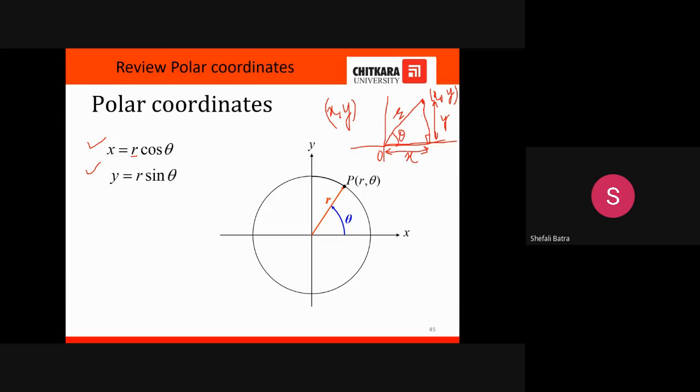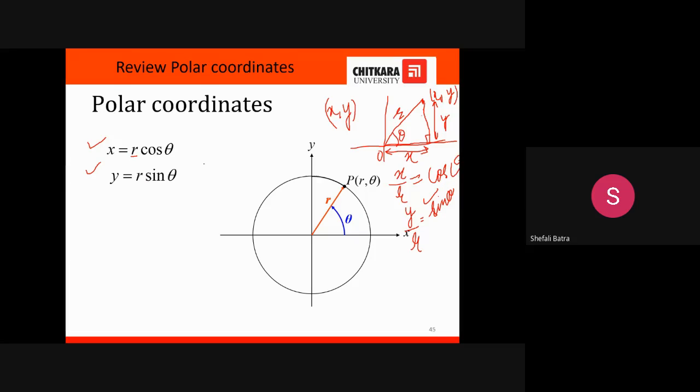So we can write x upon r, base upon hypotenuse, x upon r is equal to cos theta. From here we write x is equal to r cos theta, and similarly perpendicular upon hypotenuse is equal to sine theta, so y is equal to r sine theta.